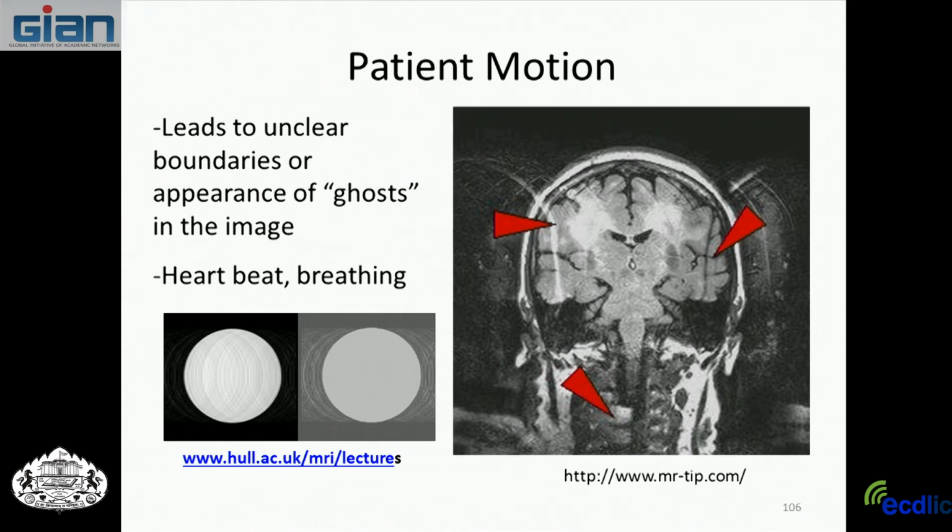The heart beating and the person breathing also cause some of these artifacts, because when the heart beats, it's jiggling the head around, and when the person breathes, the head and the brain inside the head move. This picture here on the left shows what happens if you take a phantom, which is something filled with a liquid that we image that should be completely uniform, and move it. You can see how the motion creates artifacts in that.